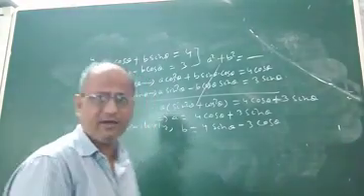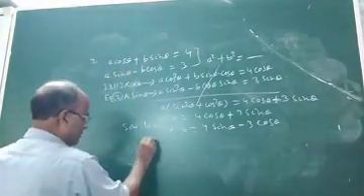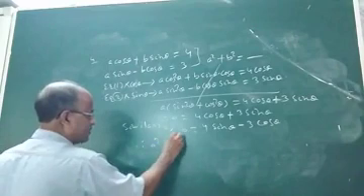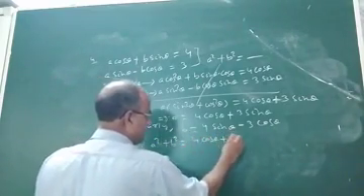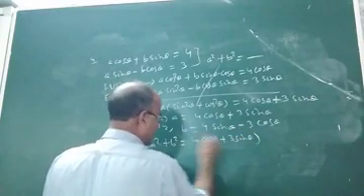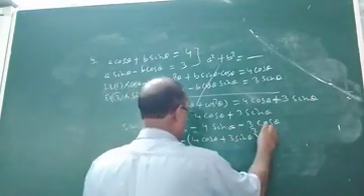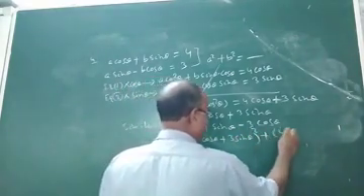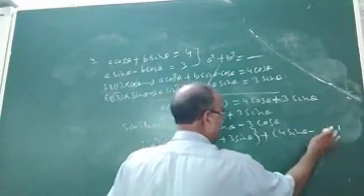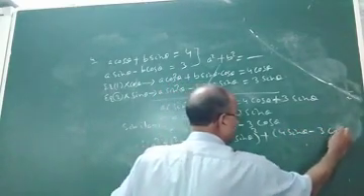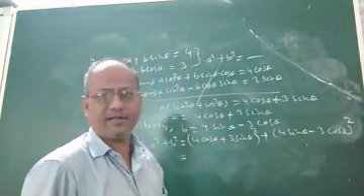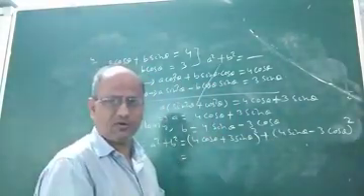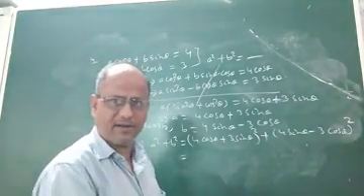Okay. So, therefore, a square plus b square will be equal to 4 cos theta plus 3 sin theta whole square plus 4 sin theta minus 3 cos theta whole square. You know the formula for a plus b whole square as well as a minus b whole square.